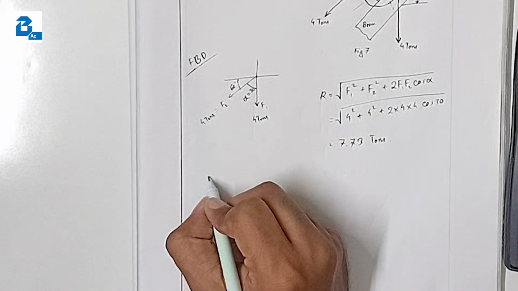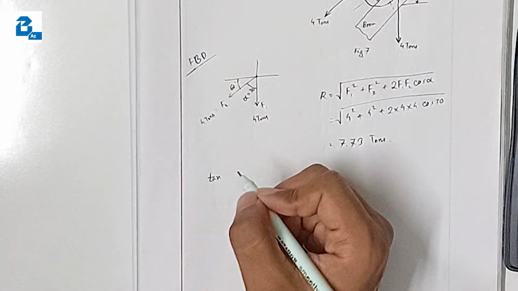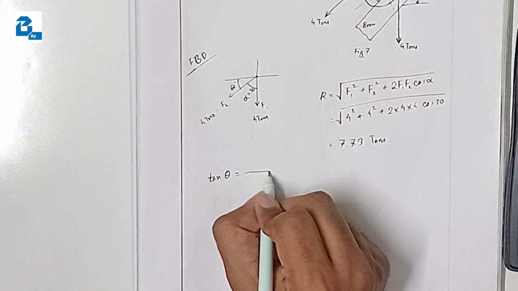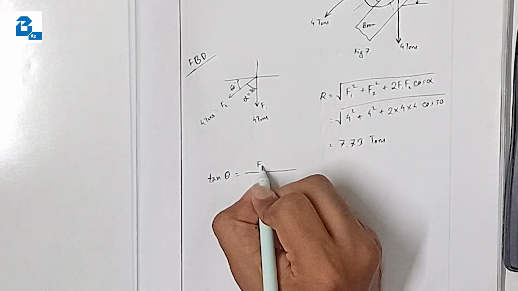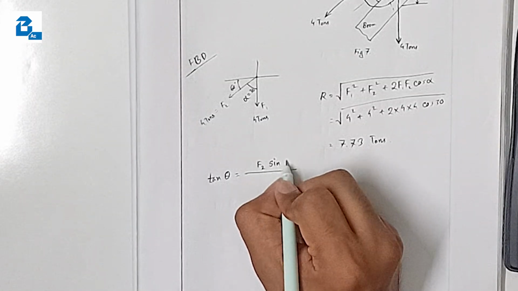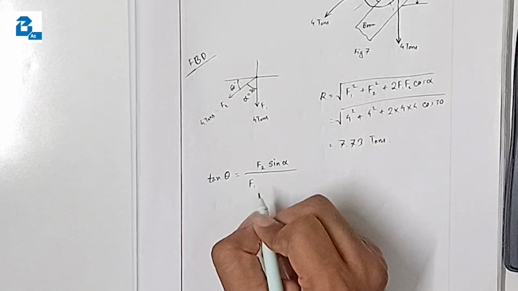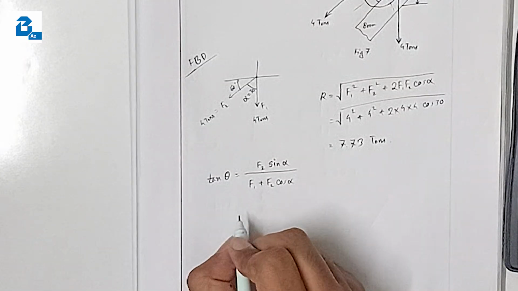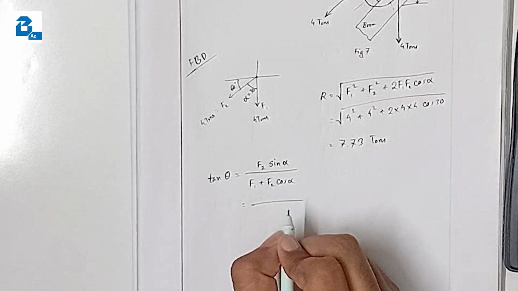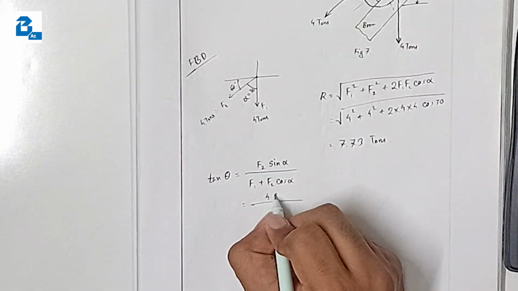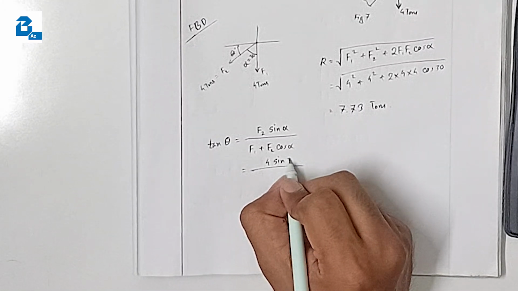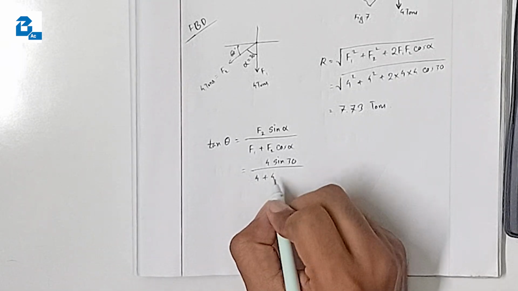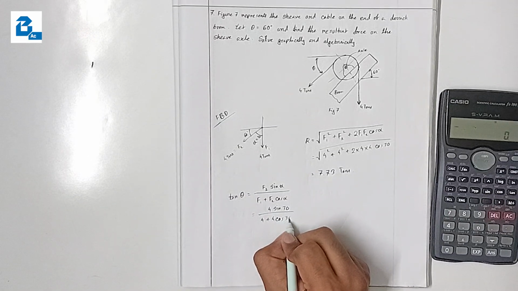For that we can write tan theta equals F2 sin alpha divided by F1 plus F2 cos alpha, and if we put the values in, then we get F2, which is 4 tons, sin 30 degrees, then F1, which is also 4 tons, plus F2, which is 4 tons, and then cos 30 degrees.